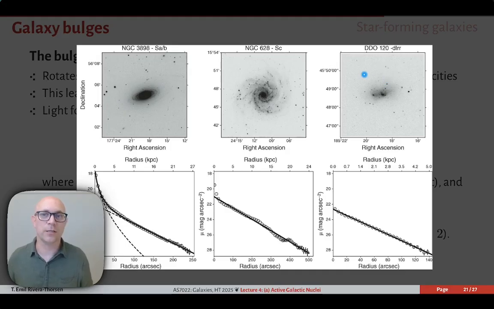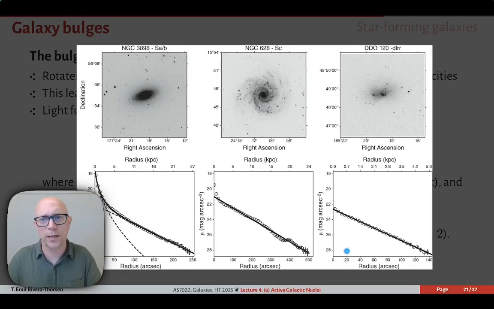Underneath, there's very likely to be a more ordered rotating disk-like, but older, fainter, redder stellar population that we cannot really see very well in this observation, and probably also a dark matter halo that also helps stabilize its rotation.